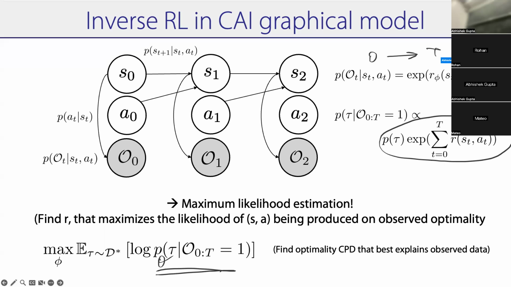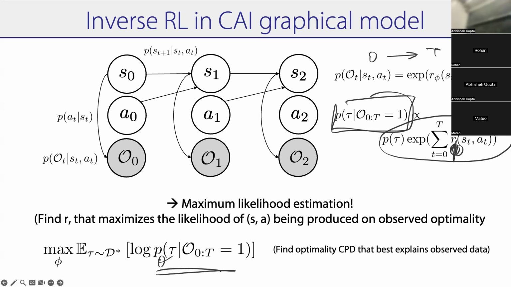I'm instead trying to learn a reward function. I'm trying to learn the parameters phi, and this thing is connected to the reward function parameters through a very specific relationship. So it's not just black box learning the parameters of a supervised learning model. It's connected through that specific relationship, and that's going to result in something slightly different. It'll become more clear once I work out the exact form.